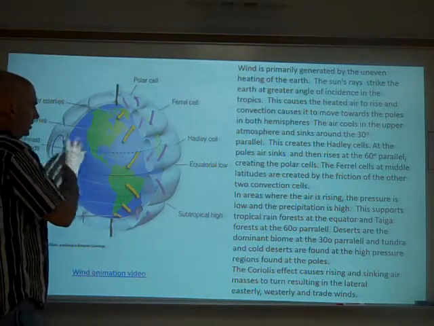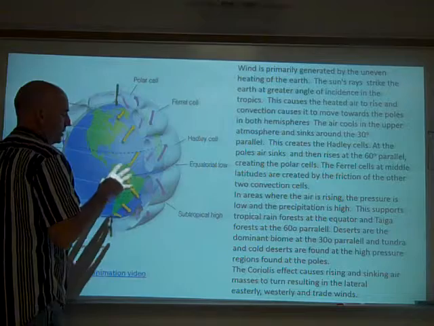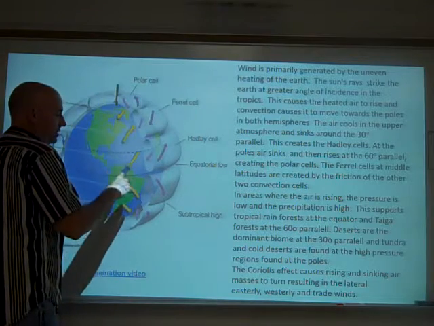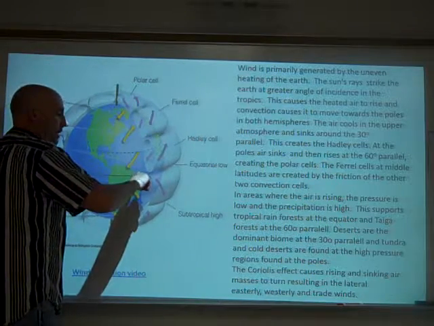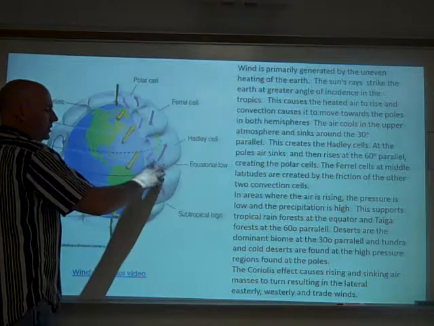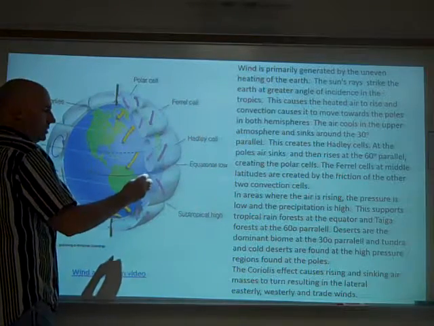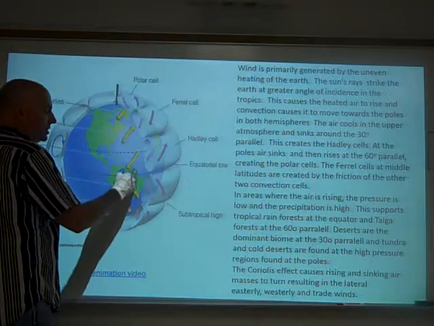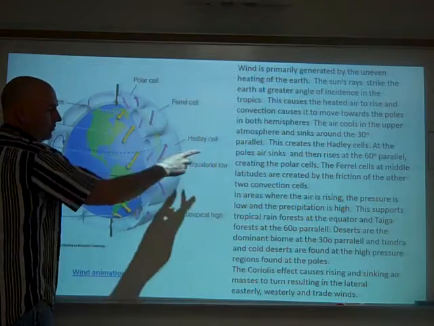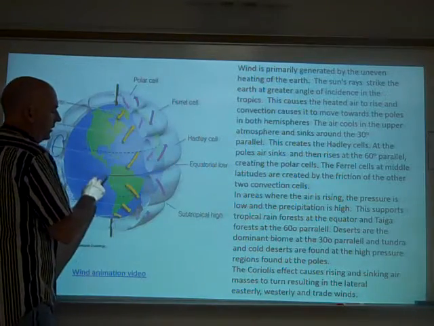So you have more of a regular pattern of these circular things. So one of the things to remember in particular is the fact that the air rising at the equator causes a lower pressure that causes more precipitation. That's why we have rainforests at the equator. That's all detailed out there.